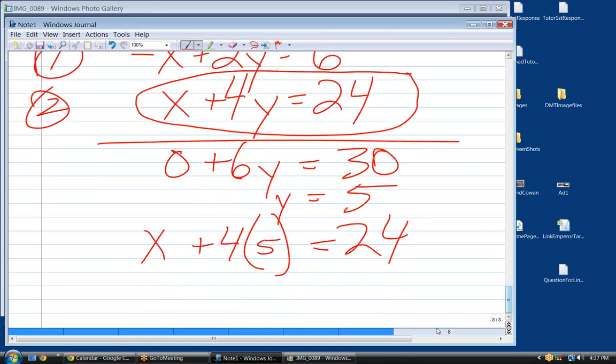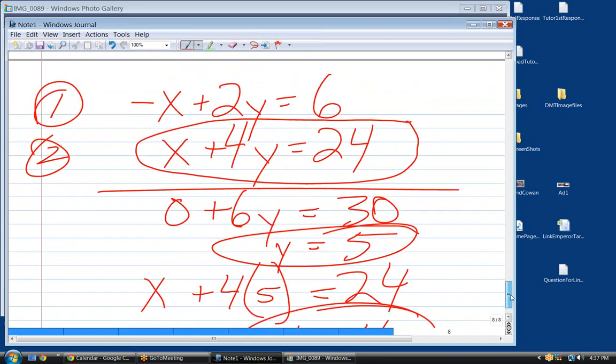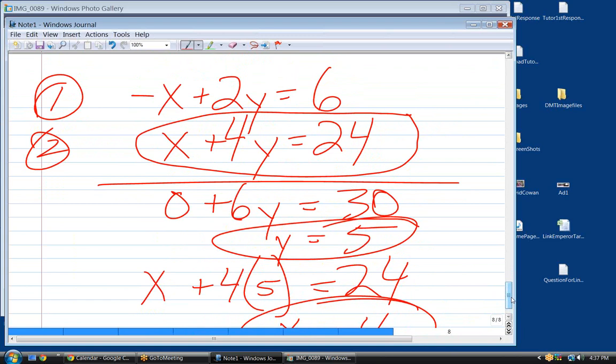X is equal to 4? Yeah, that's how you do it. It was much easier getting the solution by adding the two equations right out. We got the solution for y immediately, and it wasn't that hard to get it for x. So it was far easier solving these two equations by using elimination than by graphing.